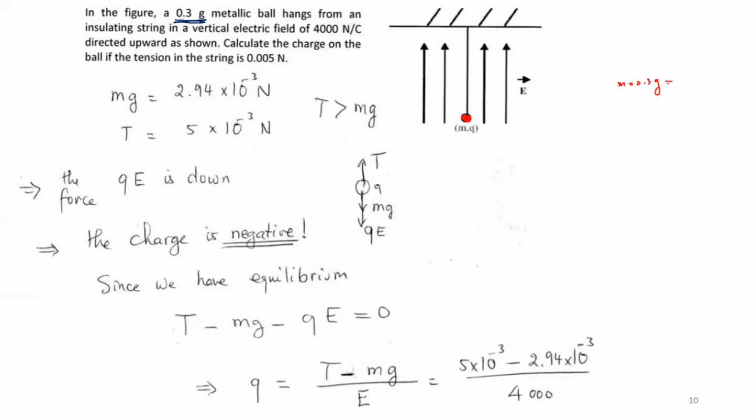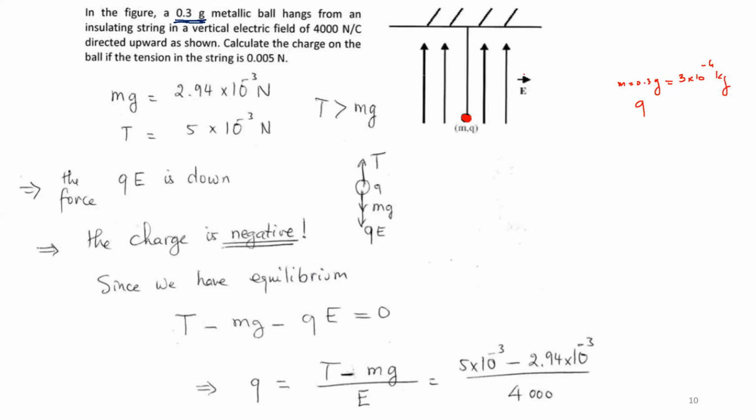You put it in kilogram, of course, because I want to put everything in SI units. Good, it's 3×10⁻⁴ kilogram. Good. Now it has a charge Q as well, but we'll come back to that just in a second, because it's a metallic ball in an electric field.